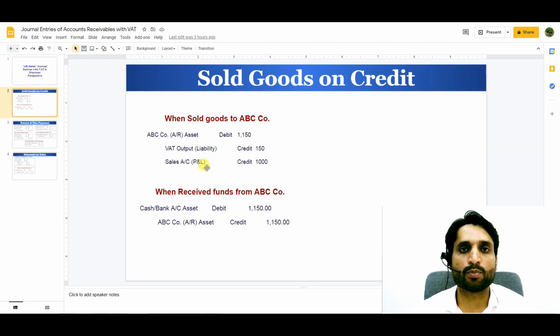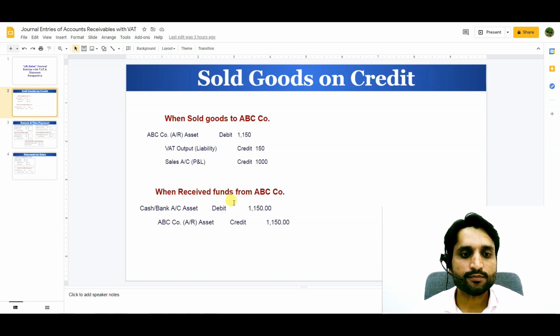Sales in our profit and loss account as revenue is credited 1000. If you take 15% of your sales value, that will be 150 as VAT output, which is credit. So this total amount is receivable from ABC company as account receivable, and we need to receive this money after some time from ABC company.